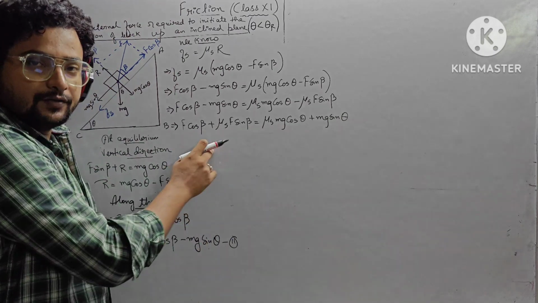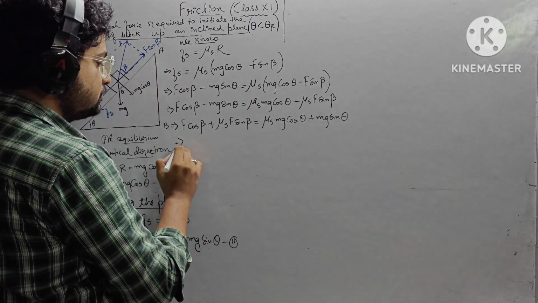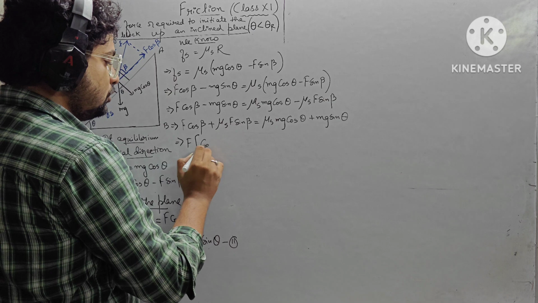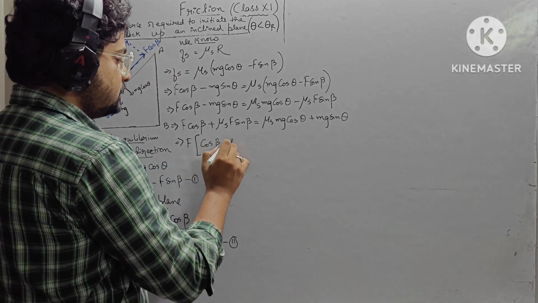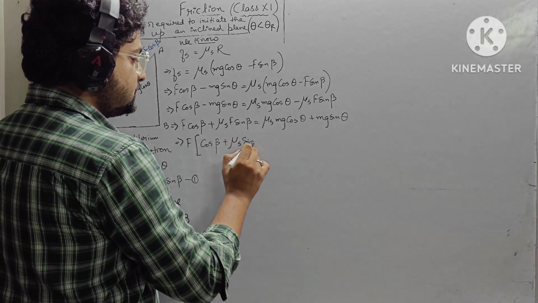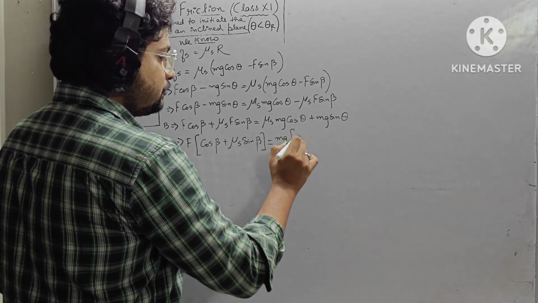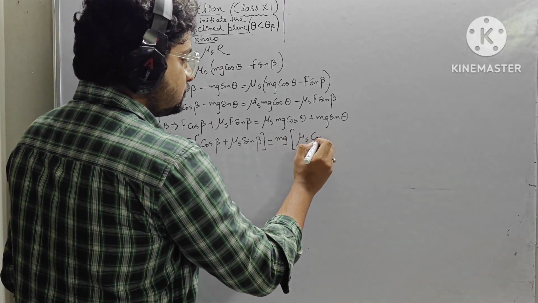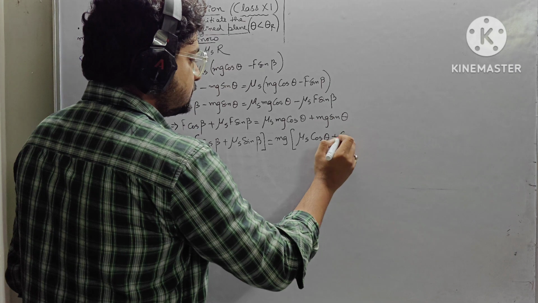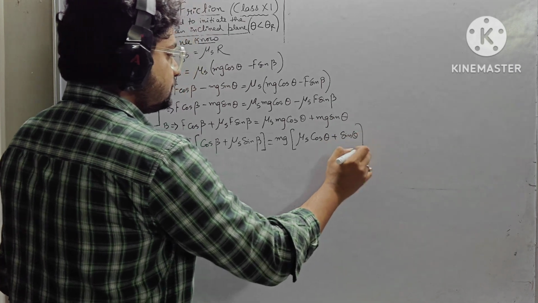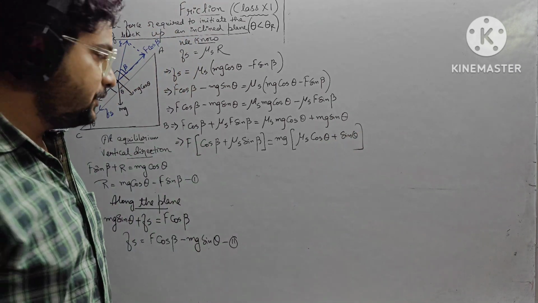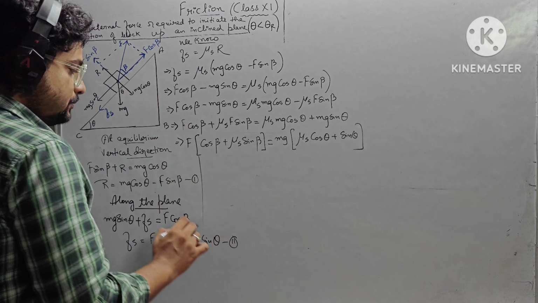Now from here I can take f common. So cos beta plus mu s sin beta. From here I can take mg common, mu s cos theta plus sin theta. Fine.